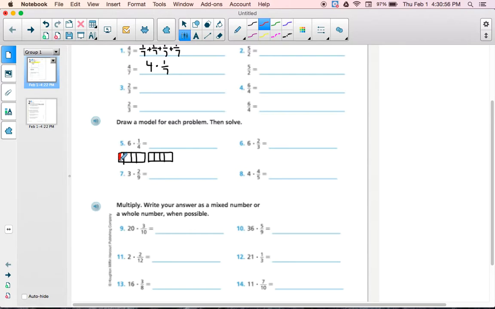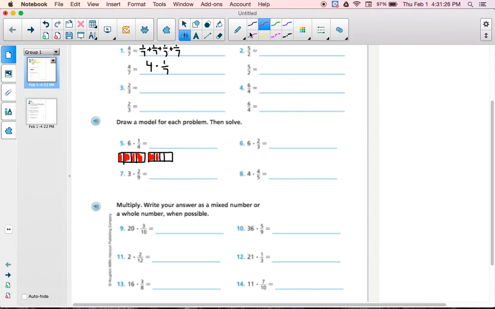There's 1 1/4, 2 1/4, 3 1/4, 4 1/4, 5 1/4, 6 1/4. That's how you would draw a model. The denominator tells you divide the rectangle into fourths, and then there's 6 1/4.